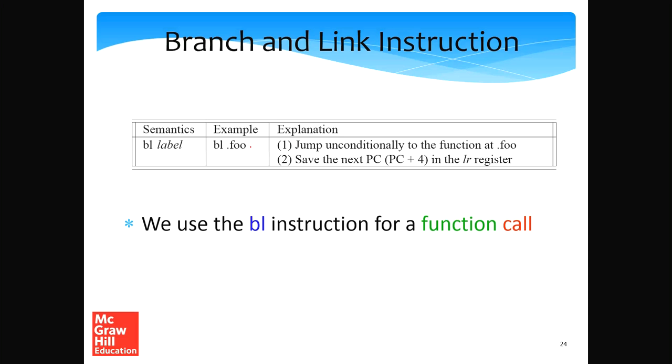So the BL instruction, branch and link, does two things. We jump unconditionally to the function at .foo, and we save the next PC, which is the current PC plus 4, in the return address register, which is called the LR register in ARM.